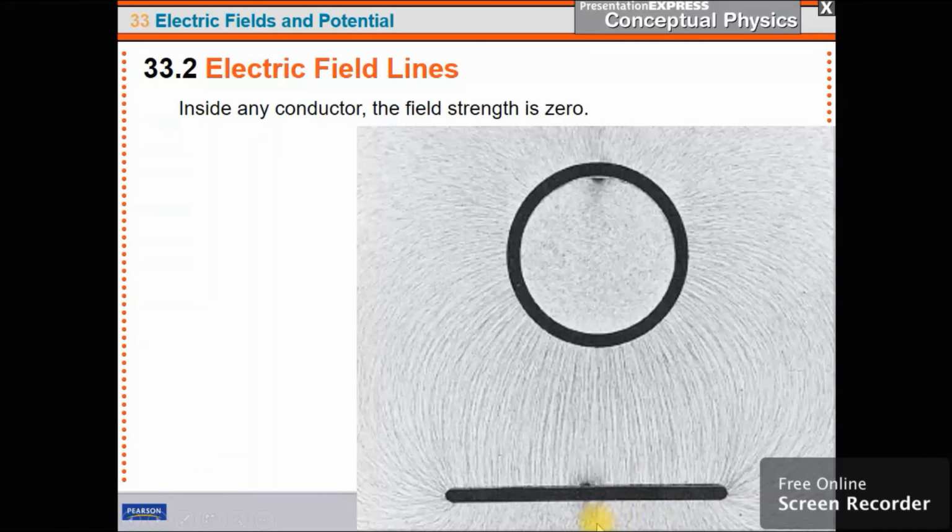Even these lines down here are going out and around to this conductor. But inside of the conductor, you don't see any lines. They're all just little dots. The threads aren't all lined up left to right or up and down, because inside any conductor, the field strength is zero. We'll talk more about that next week, but that's good to know for right here, right now.